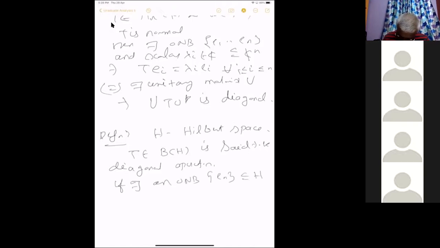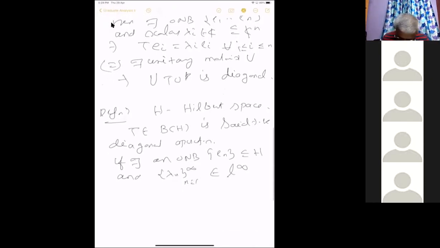of H, and lambda n, this is in L infinity. I mean, you will see that this has to be in L infinity because the operator is bounded. Maybe if it is bounded, it will be automatically in L infinity. Okay, so lambda n in L infinity such that T e_n equals lambda n e_n for all n.